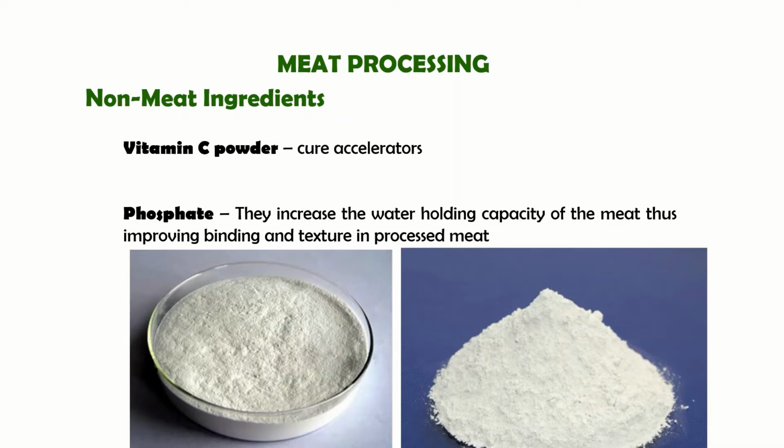Next is the phosphate. Phosphate increases the water holding capacity of the meat, thus improving binding and texture in processed meat. It has also shown the ability to reduce microbial growth.